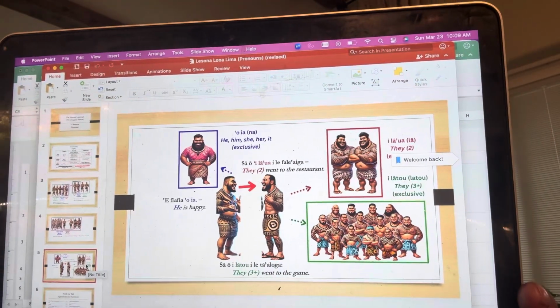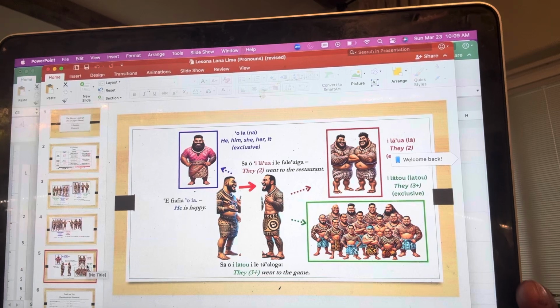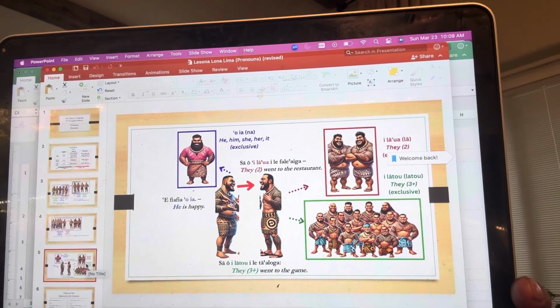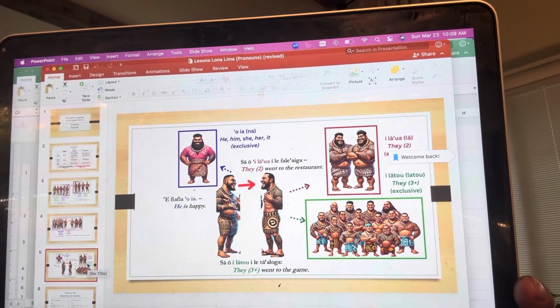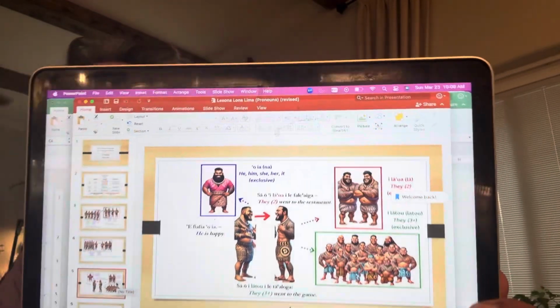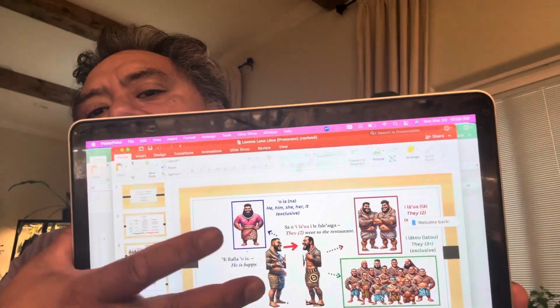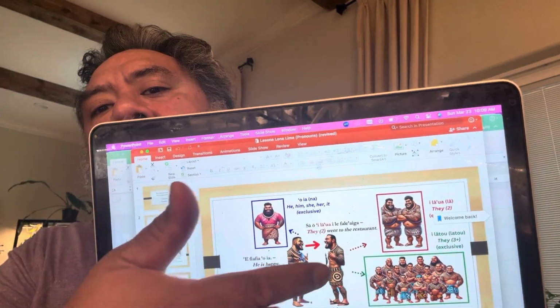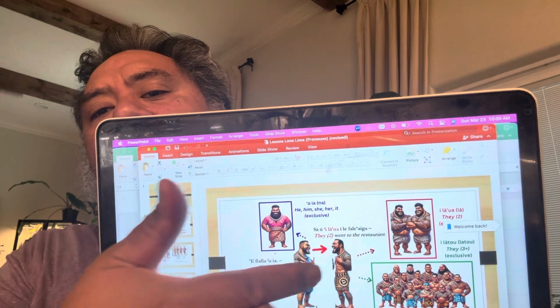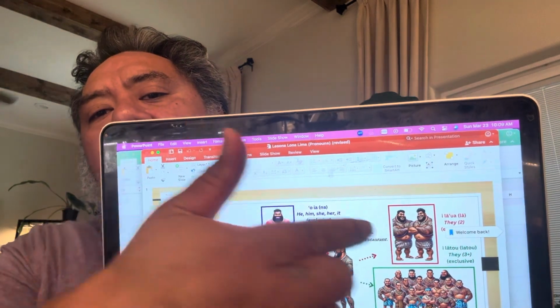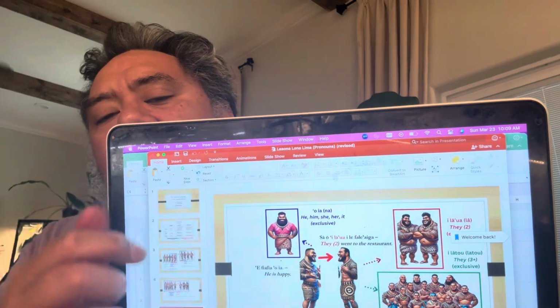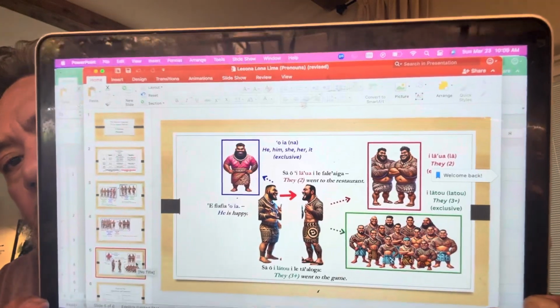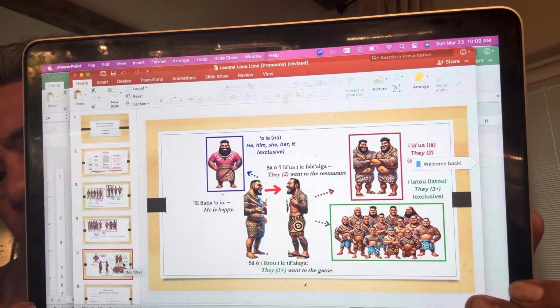The green goes with lātou, so these are the exclusive ones, exclusive of the speaker and the person spoken to, right? So you have all these people that are exclusive of those two that are speaking, and it goes over those pronouns and uses them in a sentence. So that gives you a better picture, literally better picture.